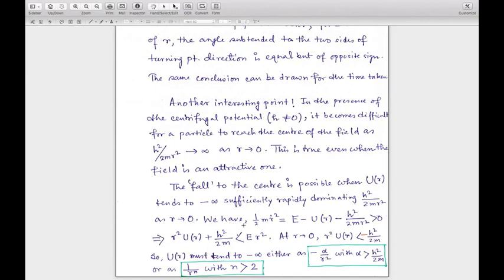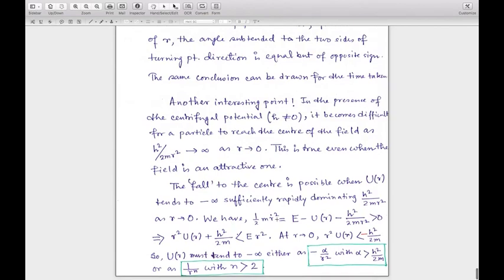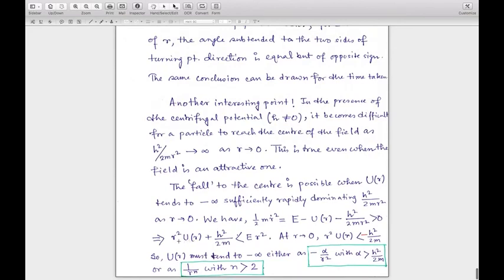And we now have, from the expression of total energy, that half m r dot square, which is the kinetic energy, just the radial part of the kinetic energy, is equal to E minus U(r) minus the centrifugal potential part. And that must be greater than 0, because half m r dot square is always a positive definite quantity. Then you can say r square U(r) plus H square by 2m is less than E r square.